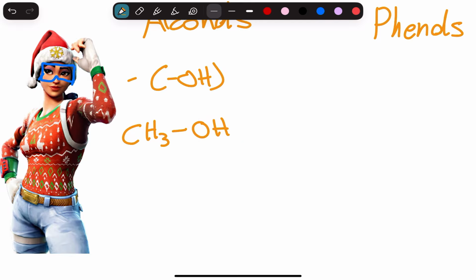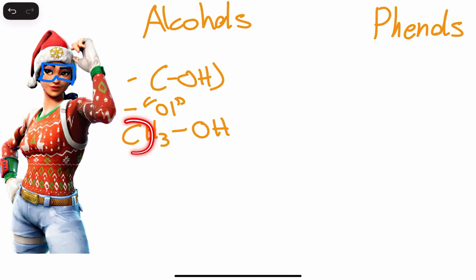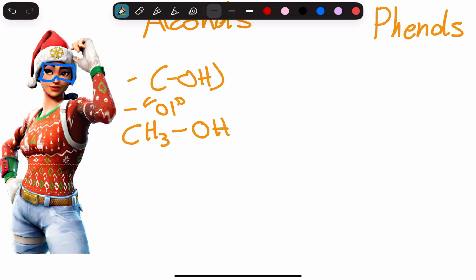And with alcohol, the names are always going to end with "ol". So if we wanted to name this one right here, we have 1 carbon, which makes it meth, and then our alcohol group, so it's going to be methanol.